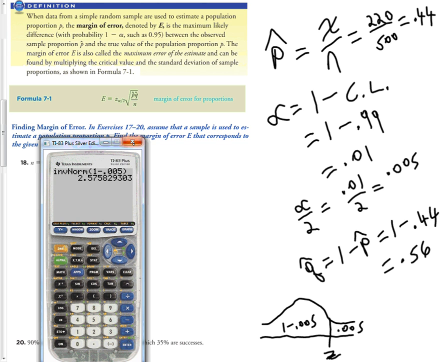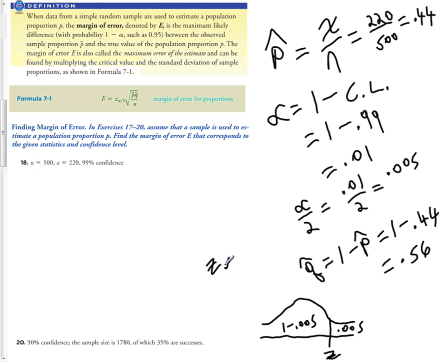So the z of alpha over 2 is equal to 2.58. Let's plug all these into my formula and find E.